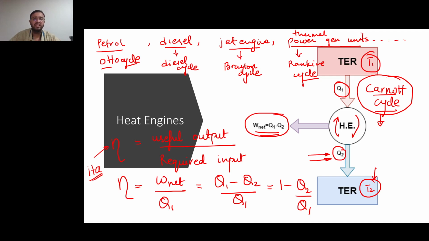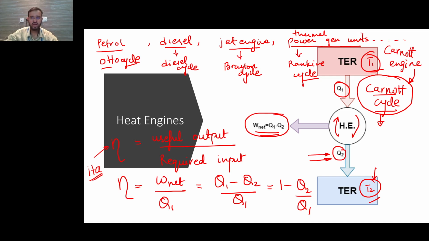That is, there exists no engine which is more efficient than any Carnot engine operating between the same temperature limits. If you have two temperature limits, a higher temperature and a lower temperature, the Carnot engines run on a Carnot cycle, an imaginary cycle, and between any two temperature limits, the Carnot engine will always have the highest efficiency.